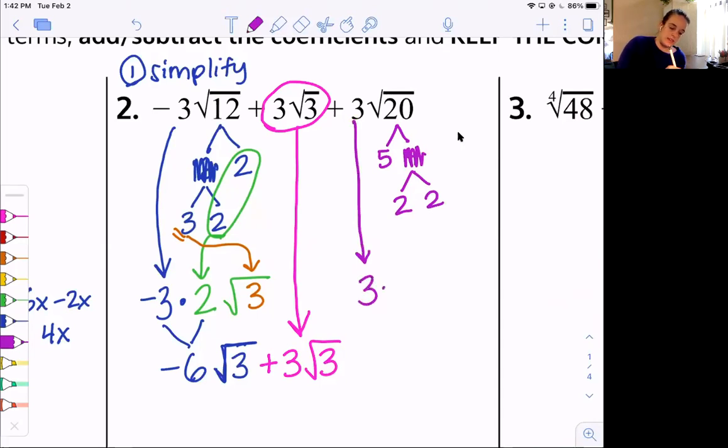And then is there any groups from my broken down portion? Is there any groups? The 2s, totally. The 2s are coming to the outside. And then is there anything left over? The 5. Yes, there's a 5 left over right there.